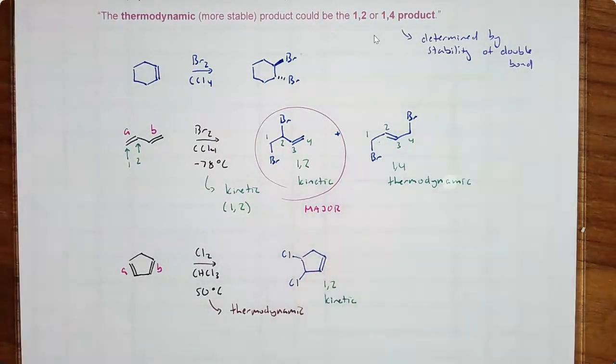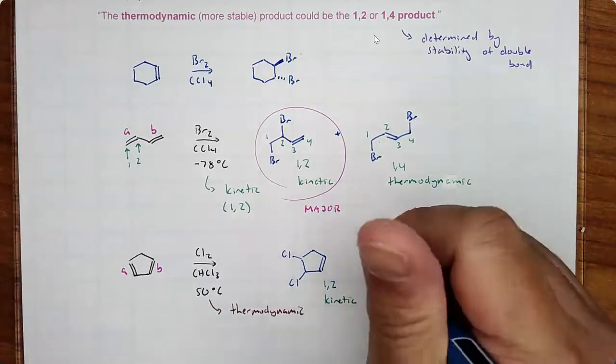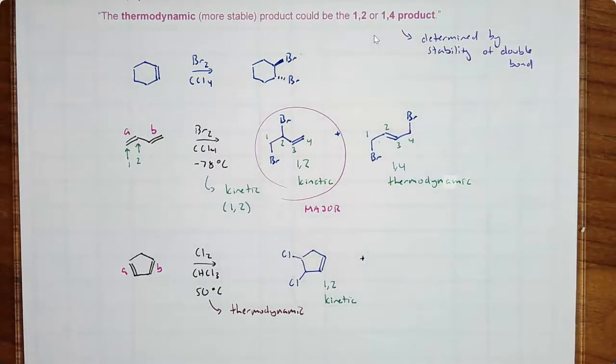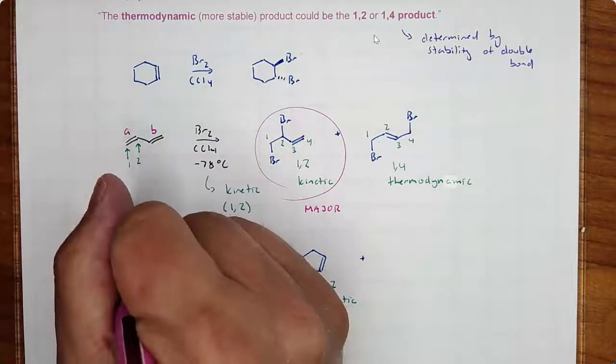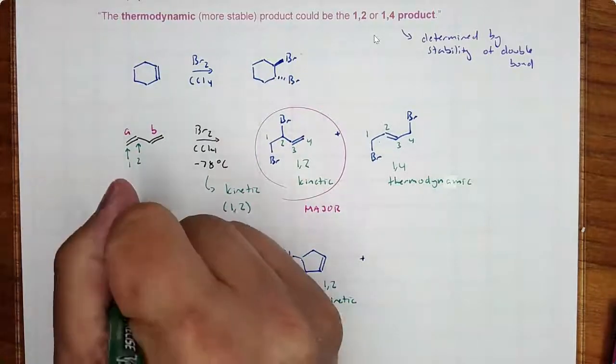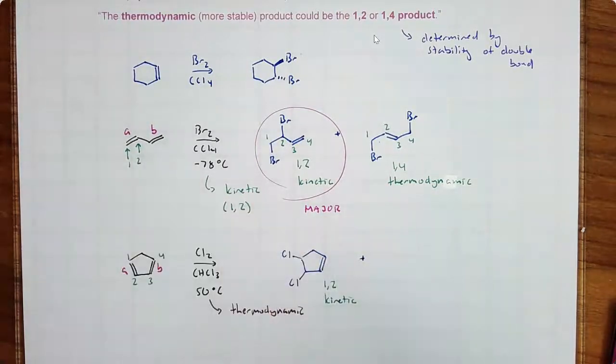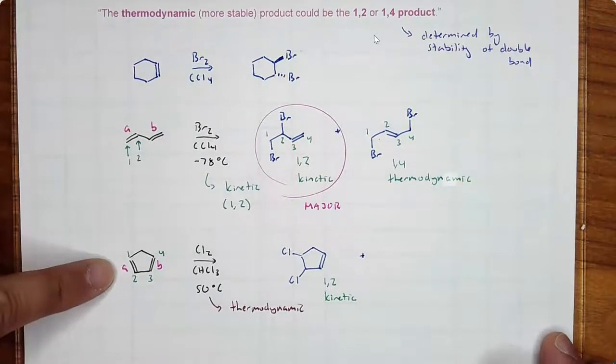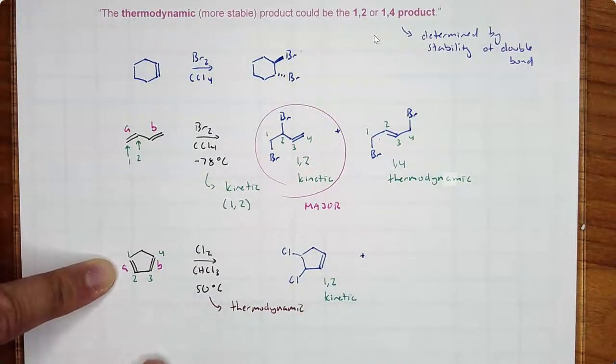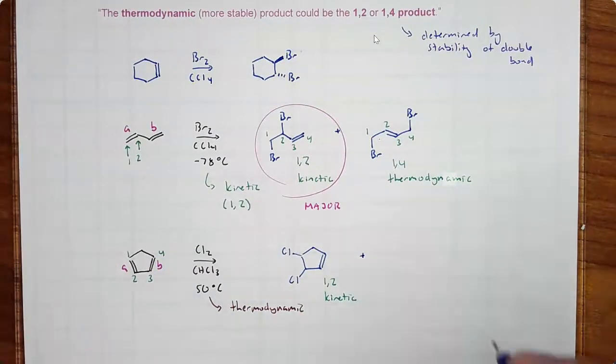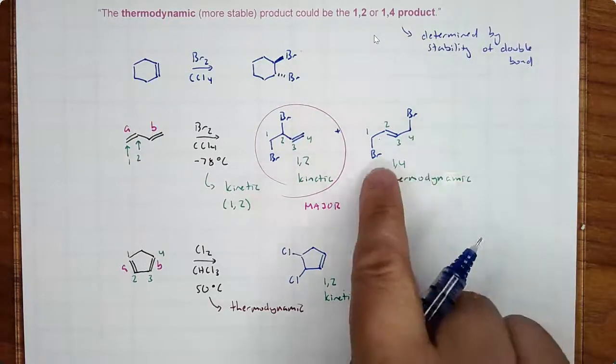Now, the 1,4 product is, again, if you need to label your carbons, you could label it as such: 1, 2, 3, 4. Okay, we're still working with double bond A, but that double bond A could have resonance. And remember how we did it up here?